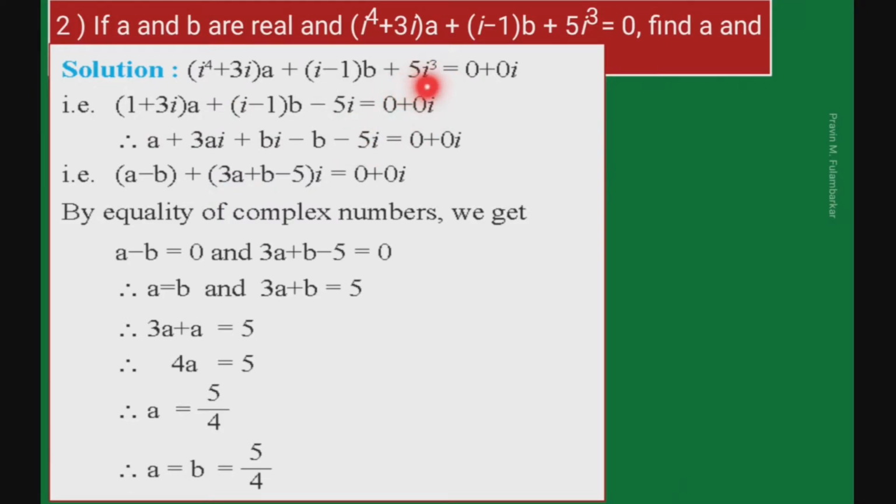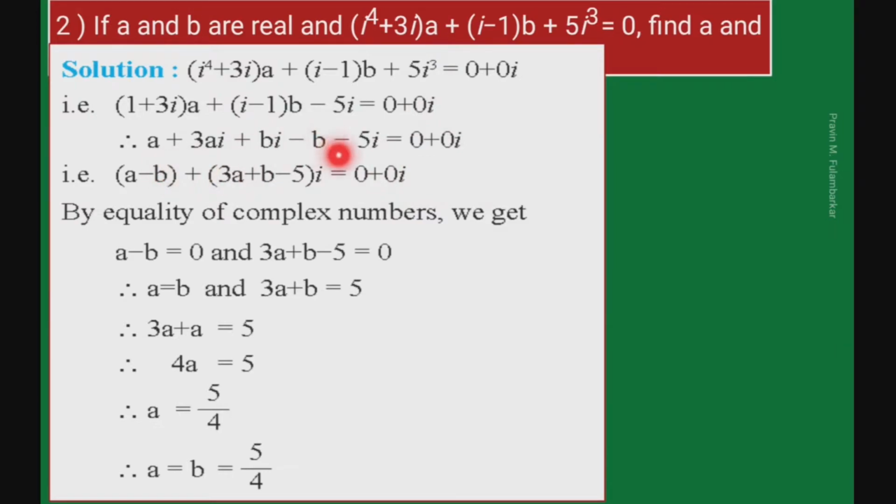So this plus and minus gets minus, so we write -5i. Now we multiply by a the first bracket. So we get a times 1 as a, 3i times a as 3ai. We multiply by b the second bracket. So we write ib or bi, minus b, then -5i as it is, RHS as it is.